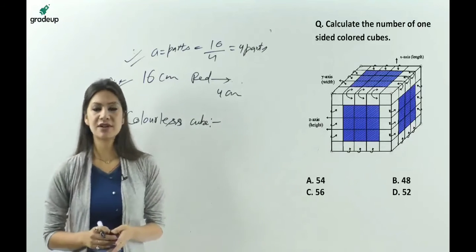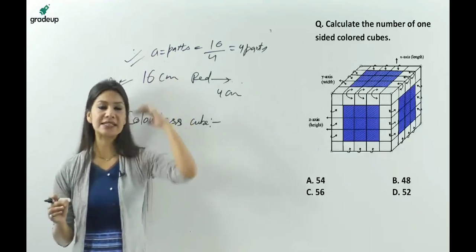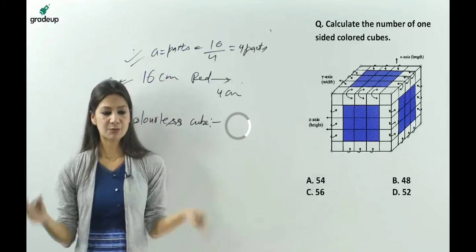For the colorless cube, I am having overall 6 surfaces in our cube, and the colorless is from the inside portion.